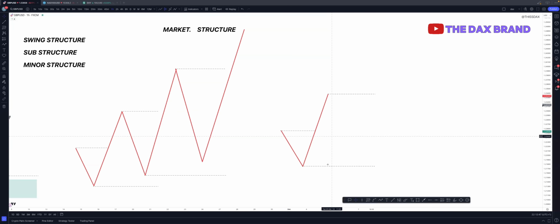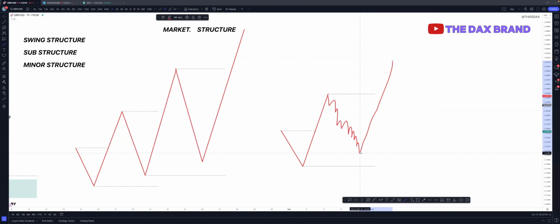But before price comes back into the zone, there is something that happens here. Price moves like this. So this reversal that happens is called the substructure. Now the main move is called the minor structure, and the main move is the buys that you want to catch in a bullish structure.